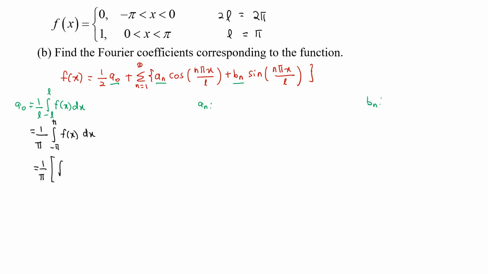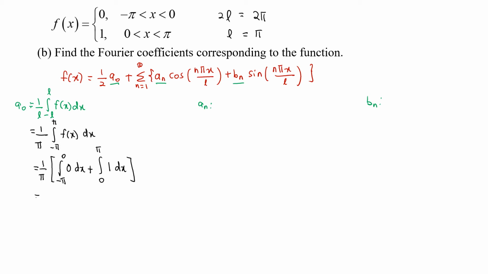We start from negative pi to 0, where the function is equal to 0, and the second interval is from 0 up to pi, where the function is equal to 1.